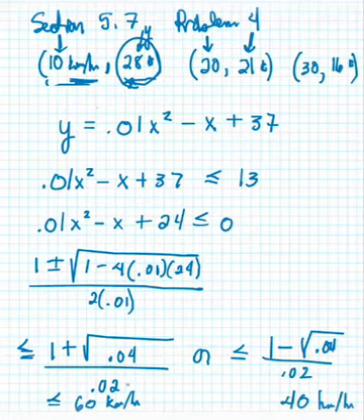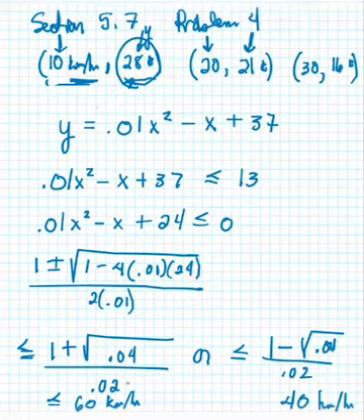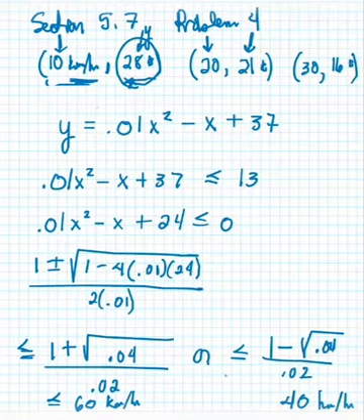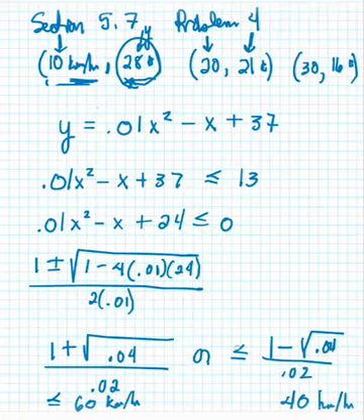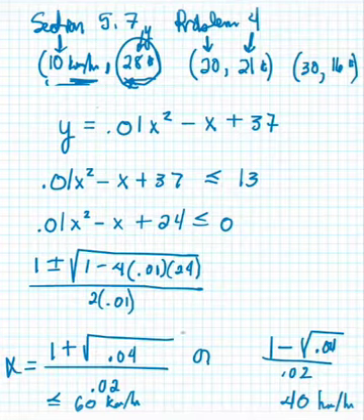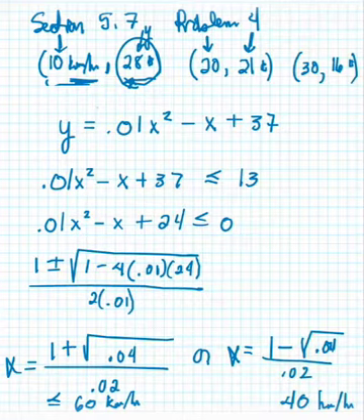Between what two speeds must you drive to keep your costs no more than 13 cents per kilometer? Yeah, between 60 kilometers per hour and 40 kilometers per hour. So let's just say it's between these two, okay? x could equal this, or x could equal that. So it's got to be greater than the 40 but less than the 60.